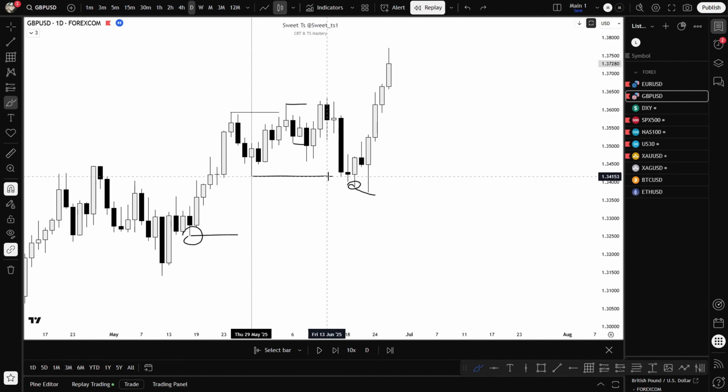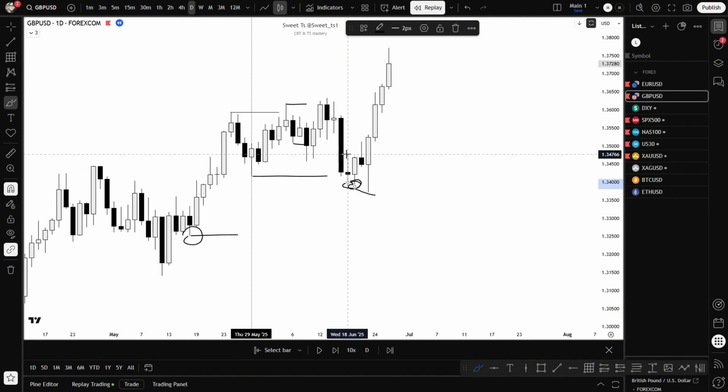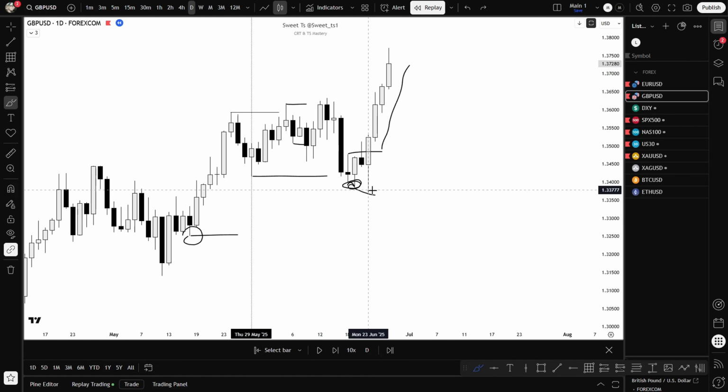So if you are talking about it, you can expect this to hold, right? But the idea is you can anticipate this low, but the thing is you need to close above the high, which is the model 1, to start a new idea, to make sure that this high is going to get taken.